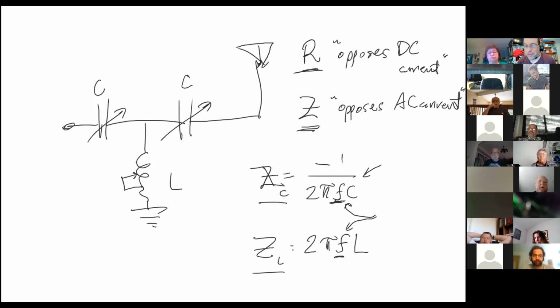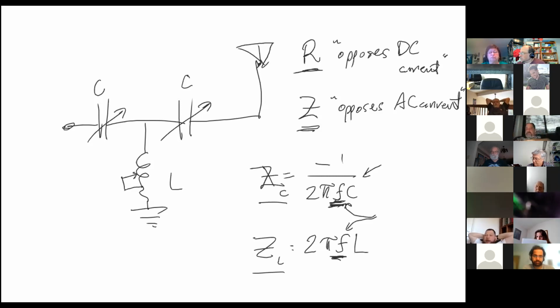Yeah, exactly. So if frequency goes up, notice that the frequency is in the denominator of the capacitor one, and it's in the numerator, the top part, of the inductor one.